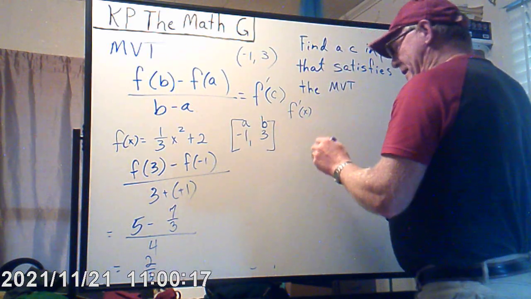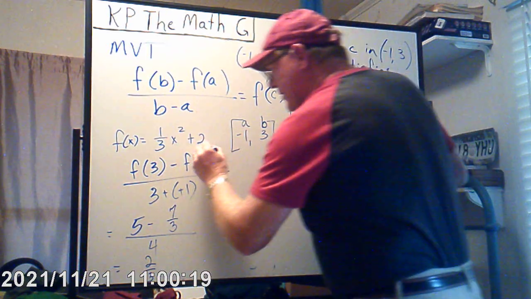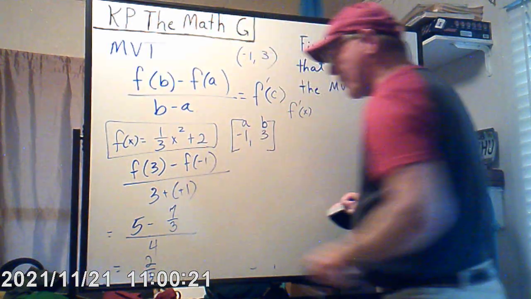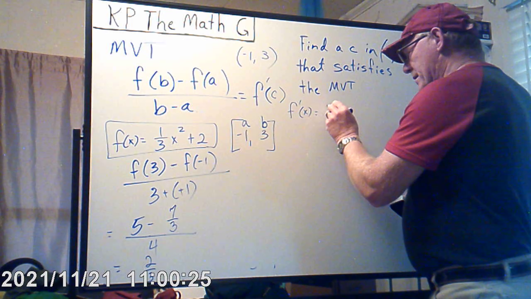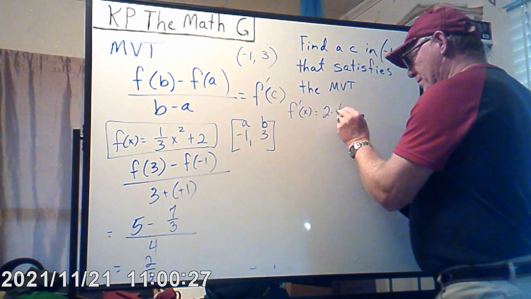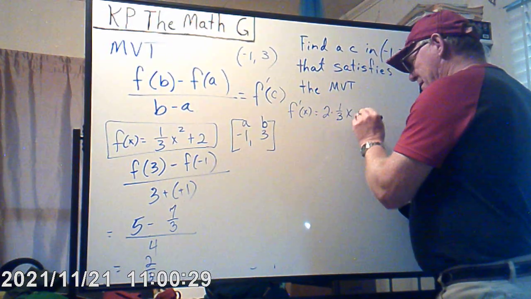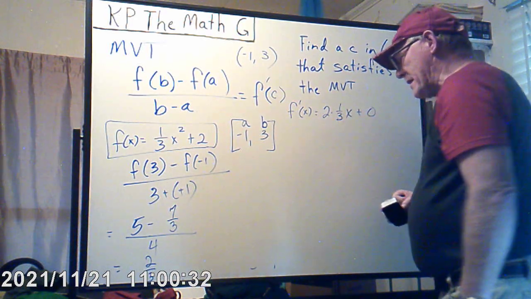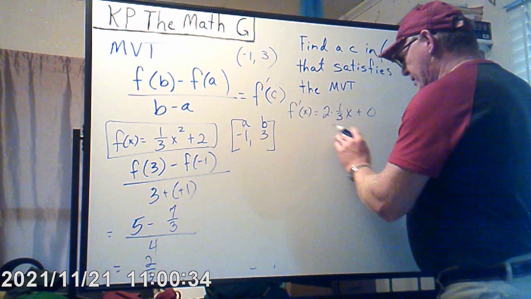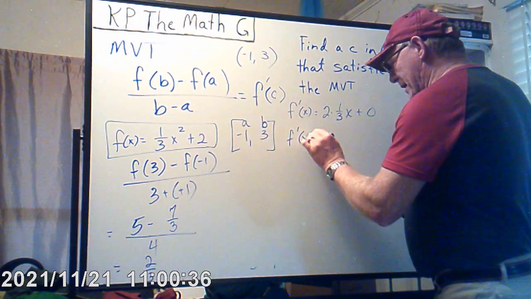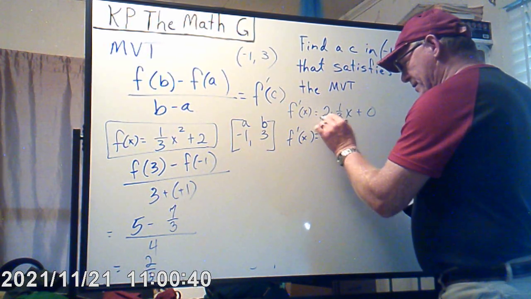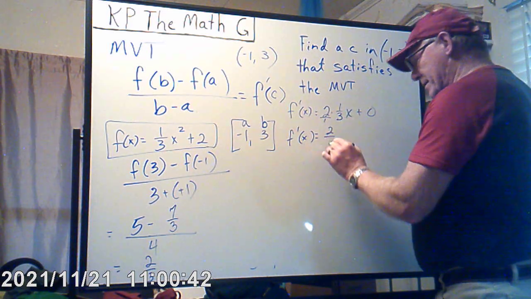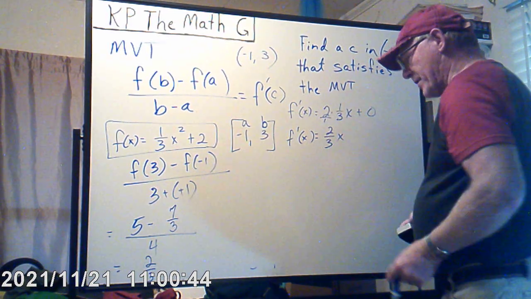We're looking at f prime at x. So 2 times 1/3 x, remember the derivative of a constant is 0. See, 2 times 1 is 2, 1 times 3 is 3, so f prime at x is equal to 2/3 x.